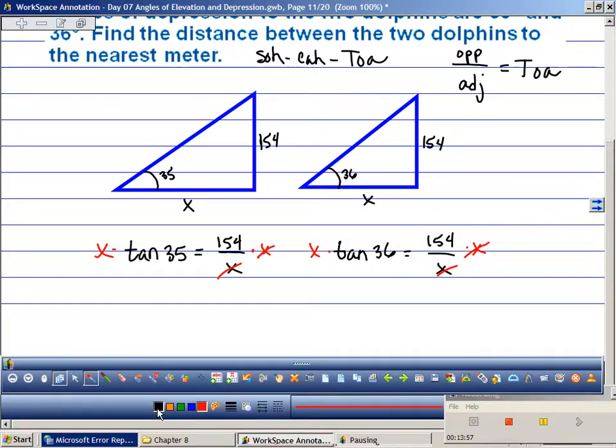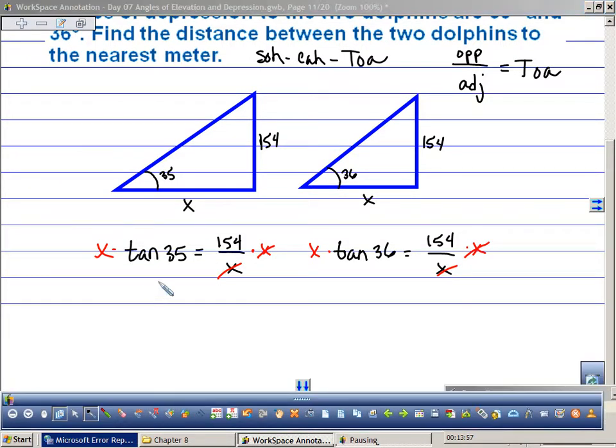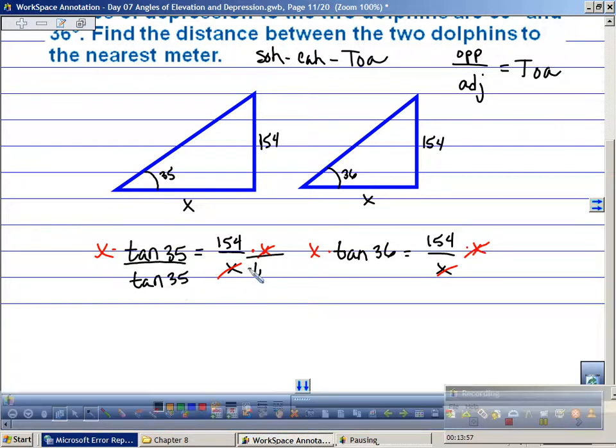Just divide it all. Divide by tangent. Divide by tangent. Divide by tangent. And divide by tangent.